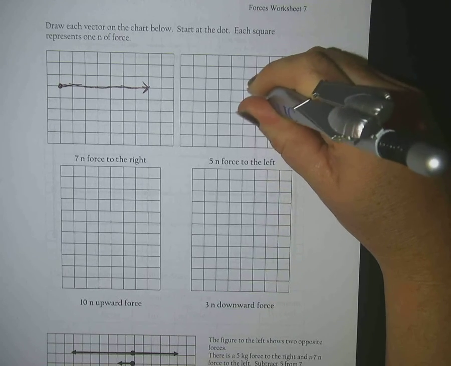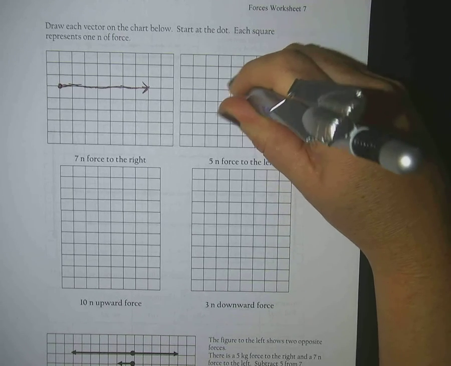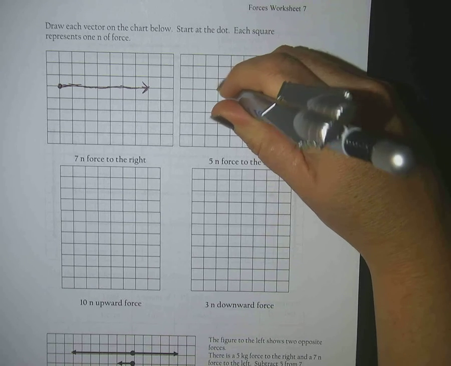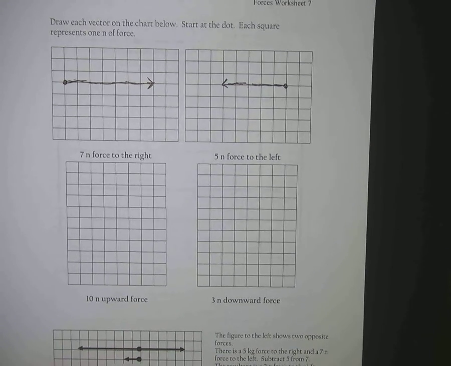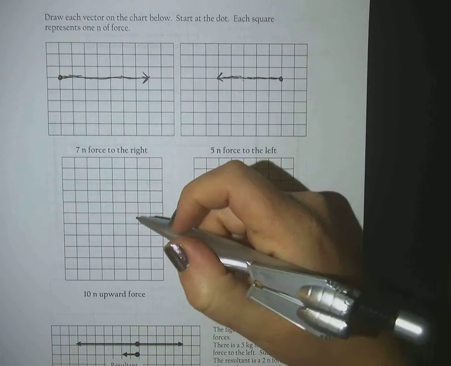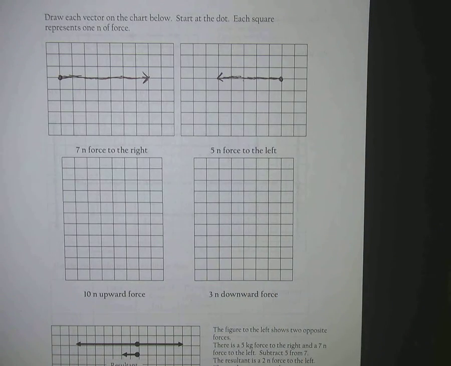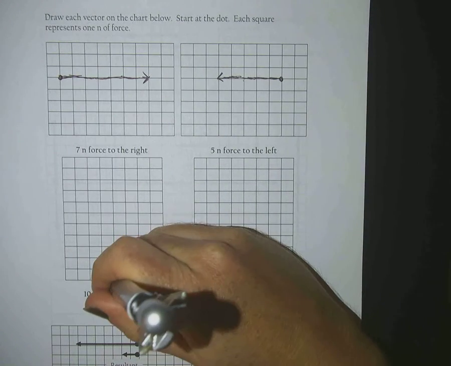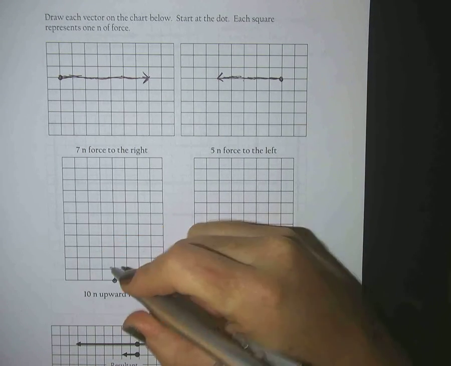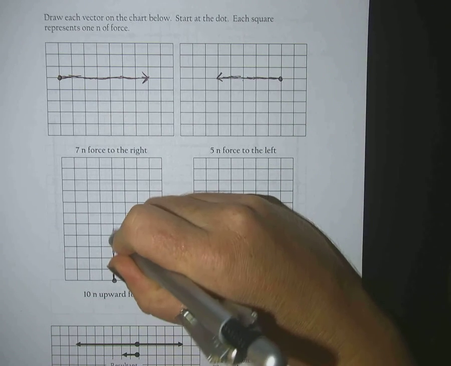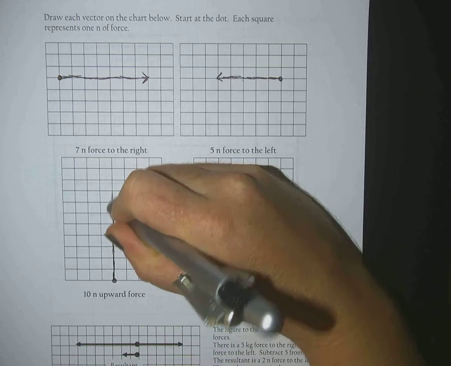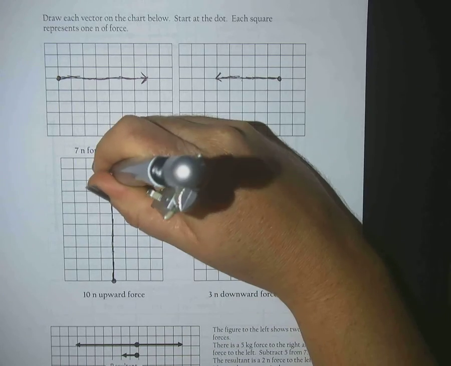One, two, three, four, five. Draw the arrow. There's my 5 newtons to the left. And now, down here, I have to go 10 newtons up. Since I'm going 10 newtons up, I'm going to start at the bottom. One, two, three, four, five, six, seven, eight, nine, ten.